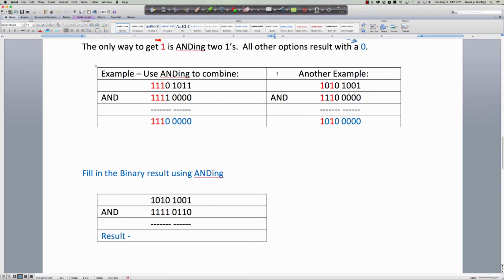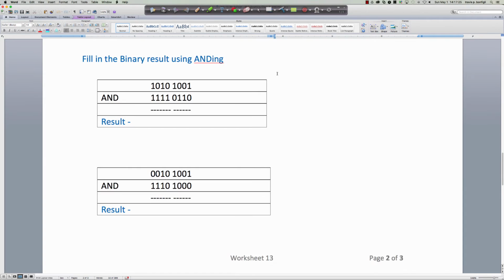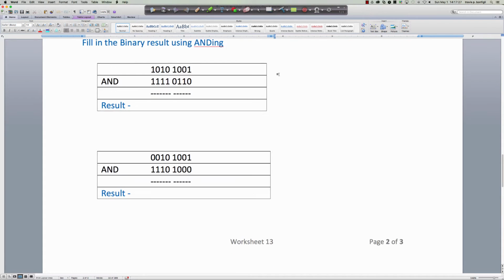All right, so fill in the binary result. And let's see here. Let's come down a little further. We'll get the rest of the page in here. There we go. So let's fill in the result here. Again, very straightforward, not too difficult at all. So we're ANDing. So again, if it's 1 and 1, it's a 1.